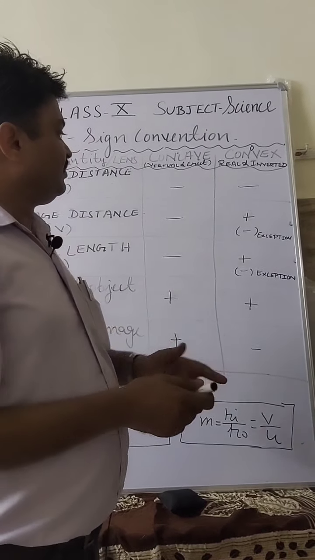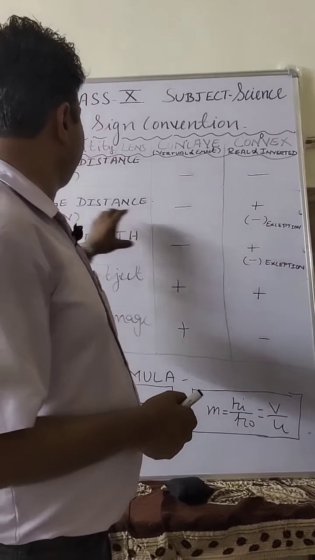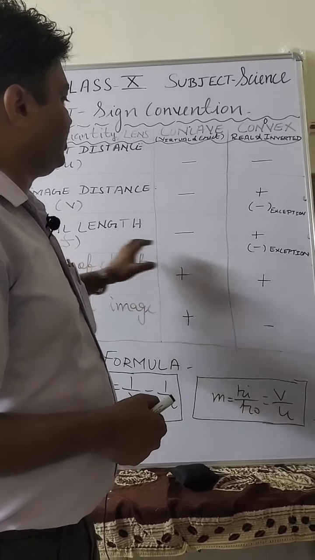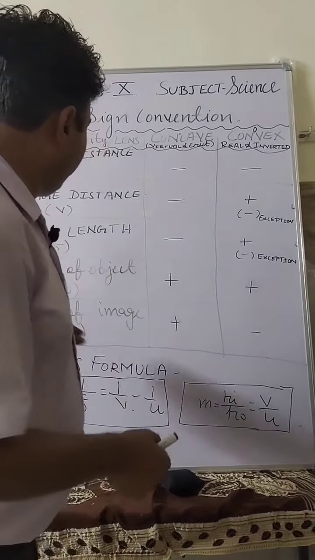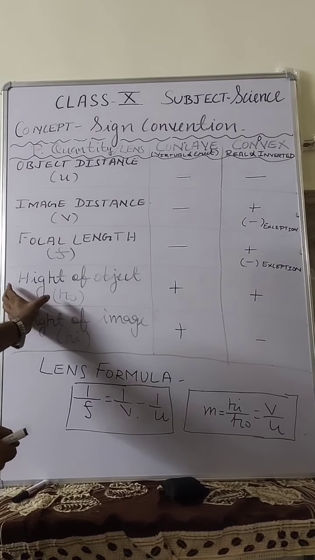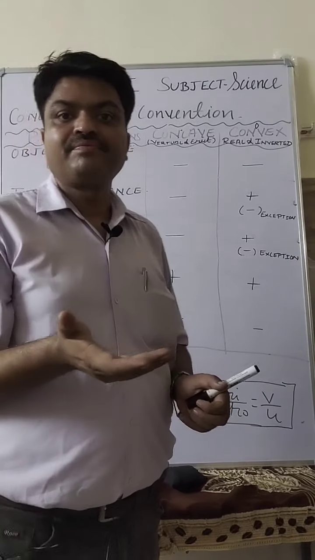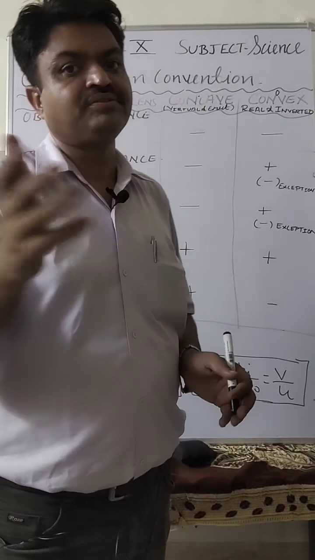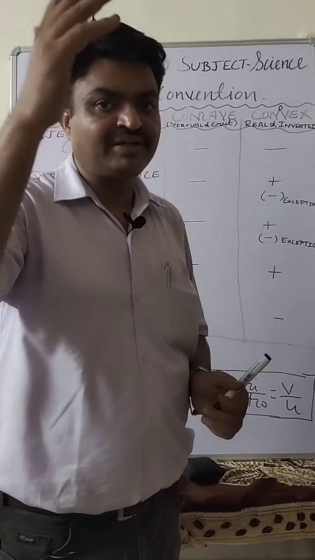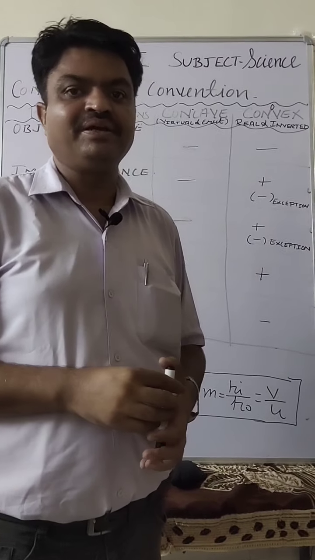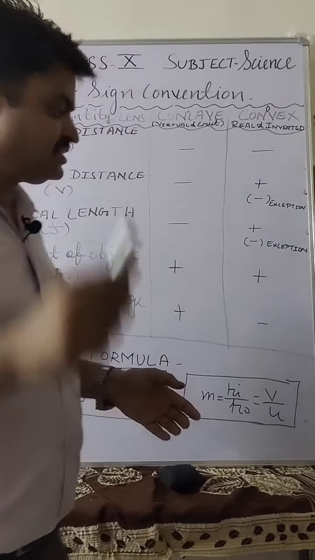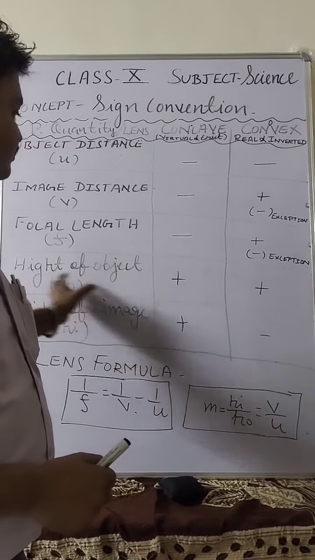That's why the sign convention that we use for the image distance and the focal length is positive. Now we come to the height of the object. In all cases, the object is placed above the principal axis, so the sign convention that we use is positive.